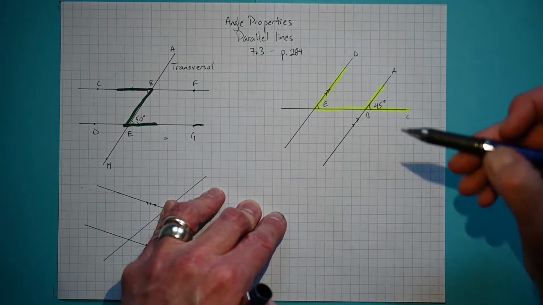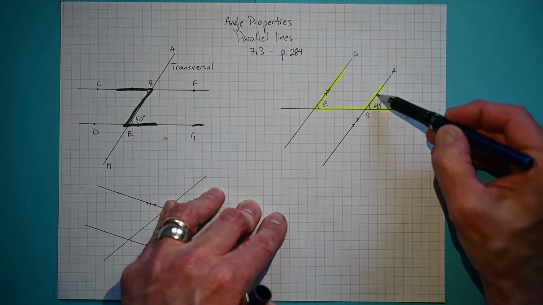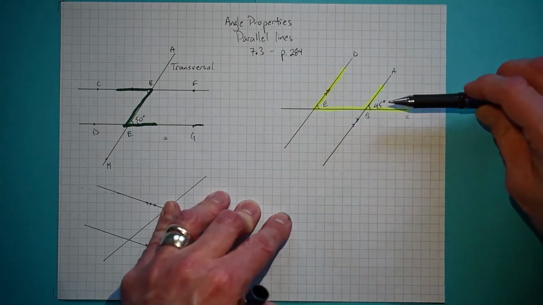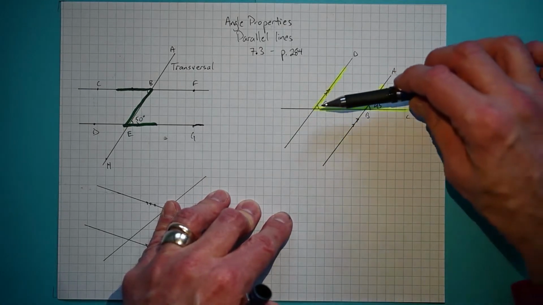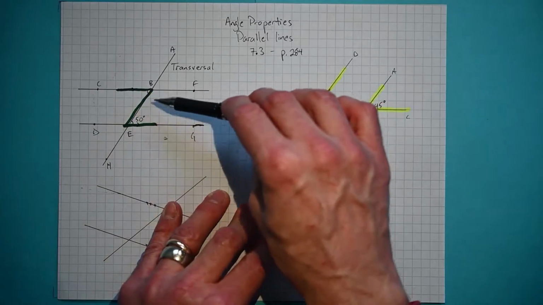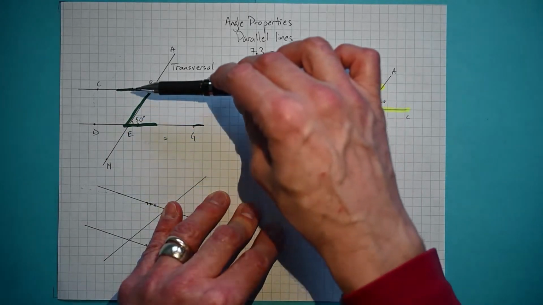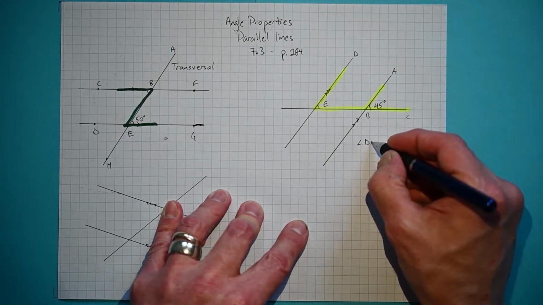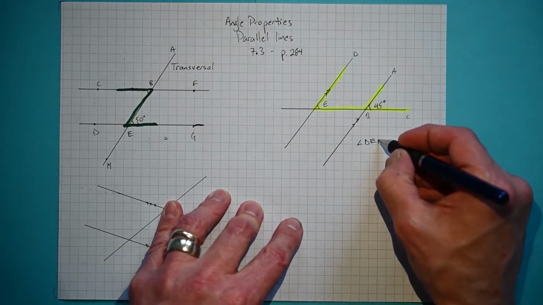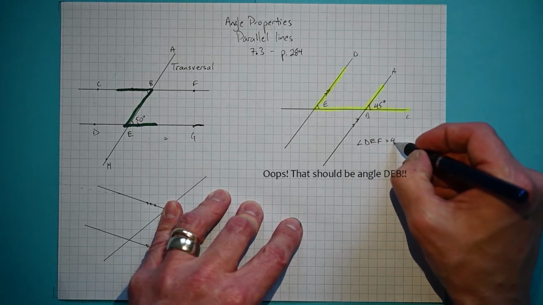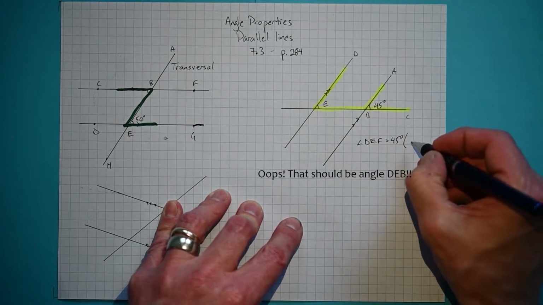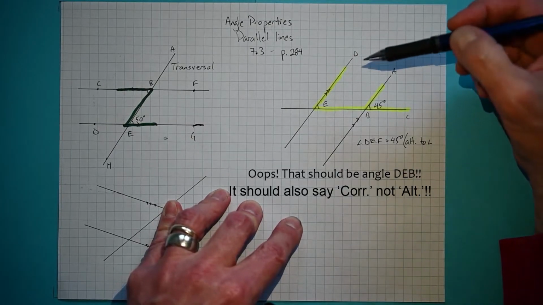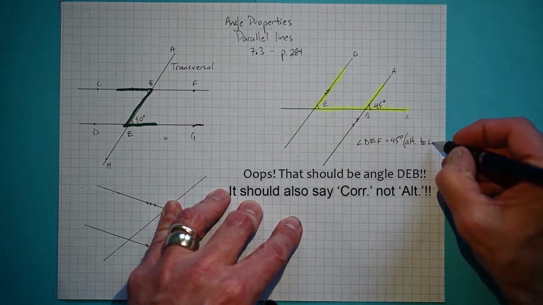Because it is corresponding to this angle, ABC. So when we have the F-type relationship, we say that these angles are corresponding. When we have a Z-type relationship, we say that these angles are alternate. So we can now say that angle DEF is equal to 45 degrees. And that is because it is alternate to angle ABC.